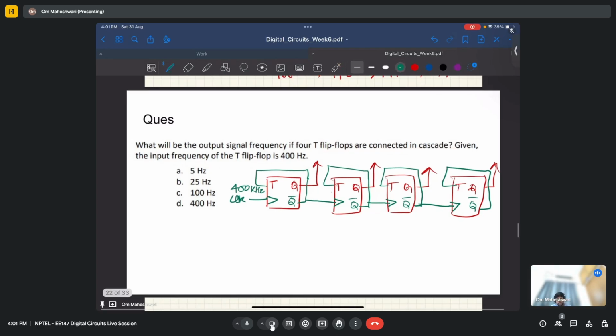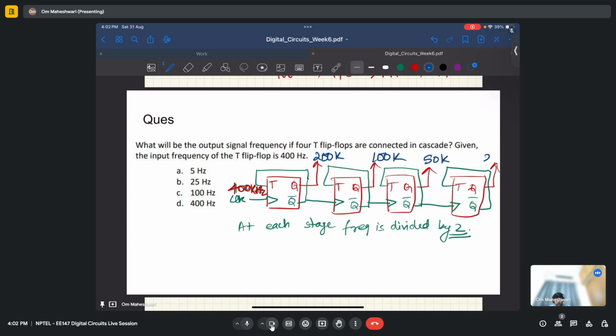And what happens at each stage? At each stage, frequency is divided by 2. So if here it is 400 kilohertz, here it will be 200 kilohertz, 100 here, 50 here, 25 here.